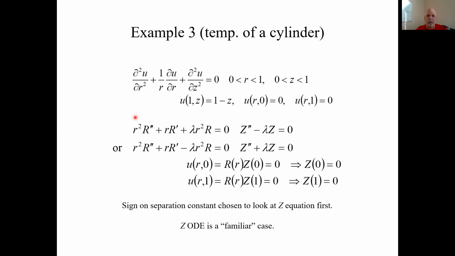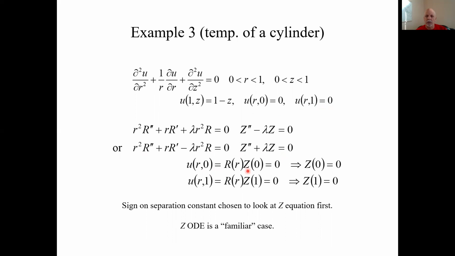I could split it up the same way as before, by the separation of variables product method. Depending on how I pick the sign of lambda, I could have either these two differential equations or these two different equations. Let's look at the boundary conditions.